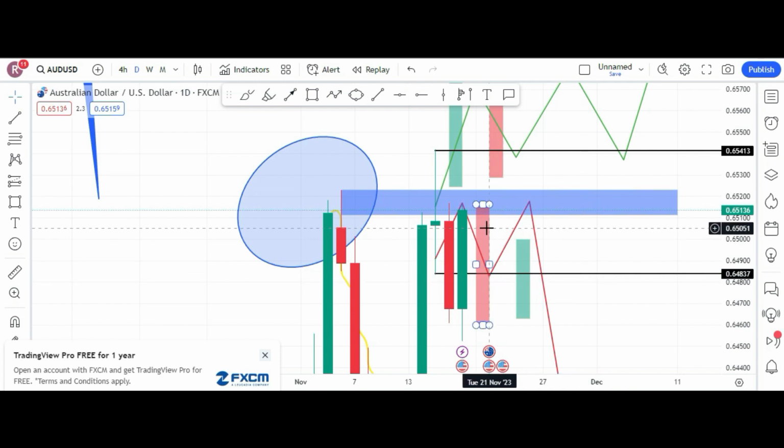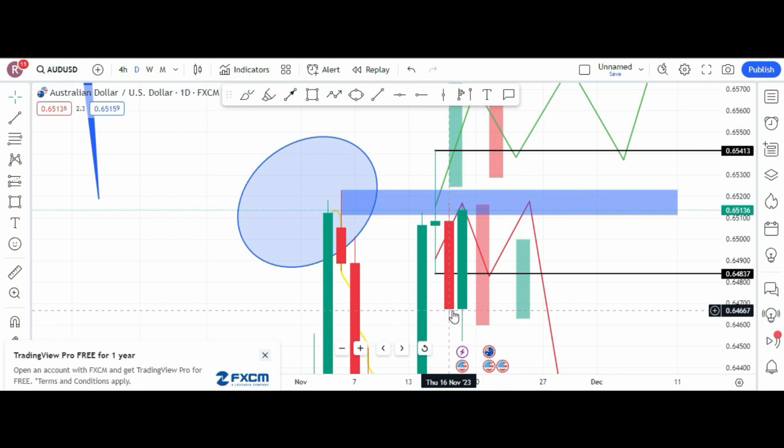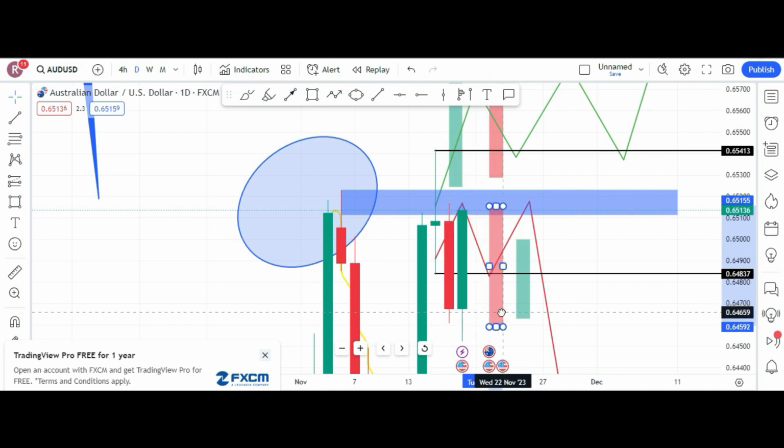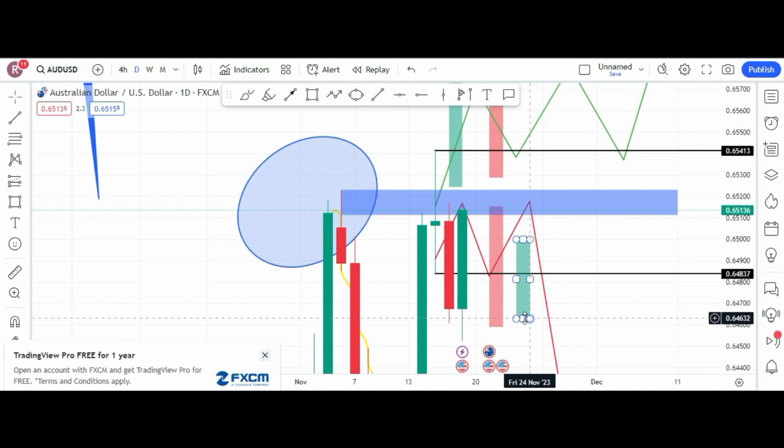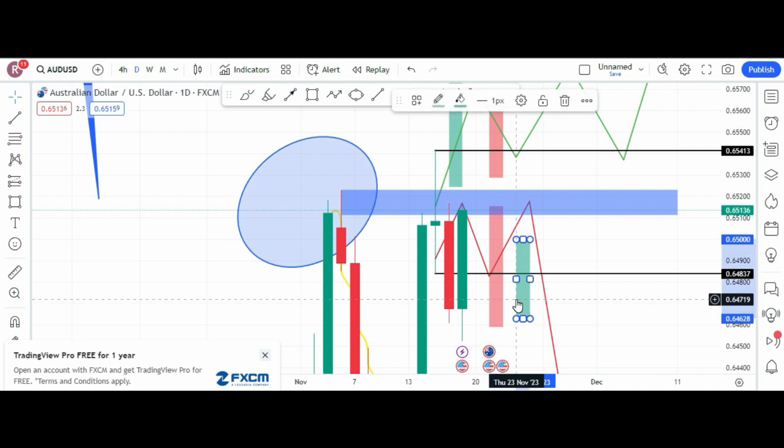So what happened here, the price was here, it opened, it went down on Thursday, then it opened and it became bullish again. So this was the red candle representing this one, this guy, and this is the candle which I have drawn on 15th December.